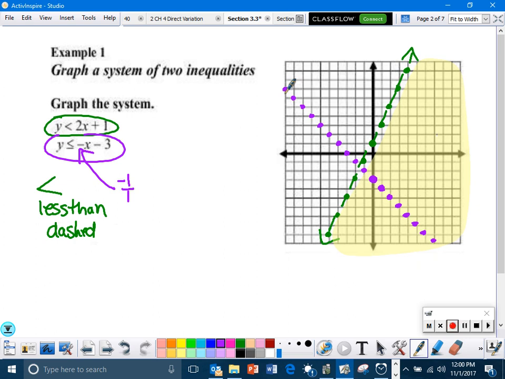Now I need to identify the type of line. It's less than or equal to, so therefore, it's a solid line.